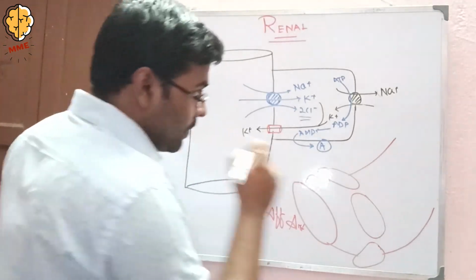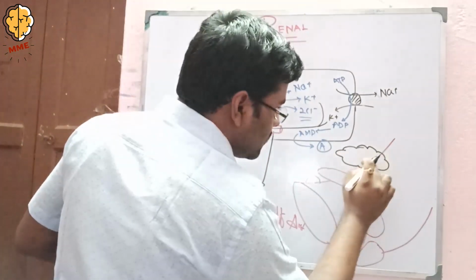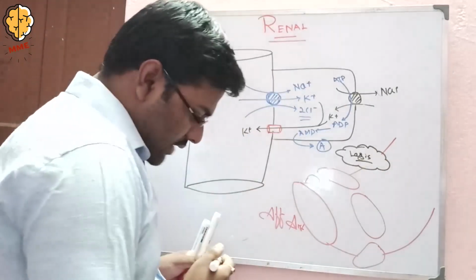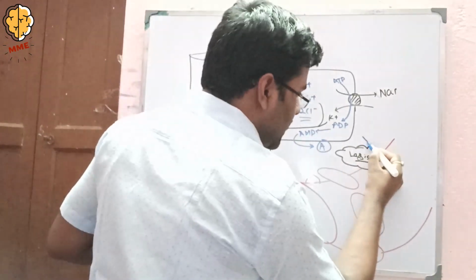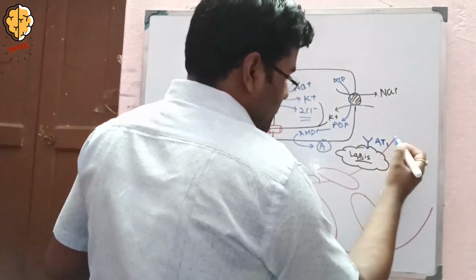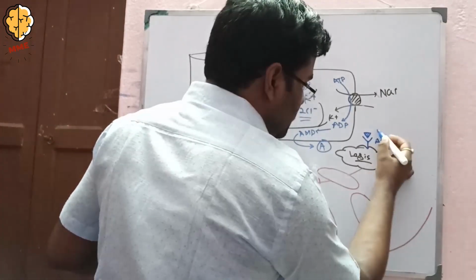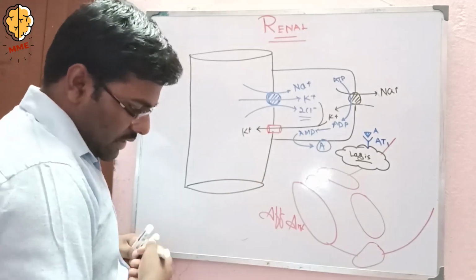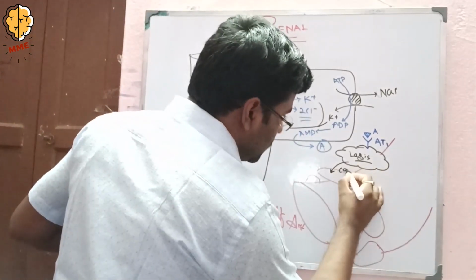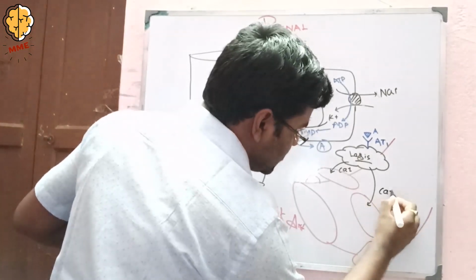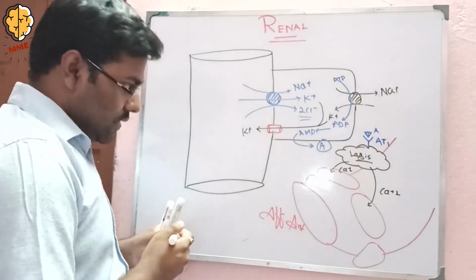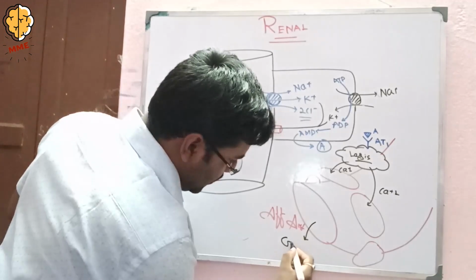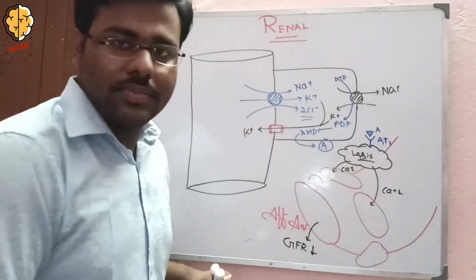And in the Lacis cell, there is a receptor for adenosine, the A1 receptor. Adenosine binds here with the A1 receptor, and from the Lacis cell, calcium gets out and comes to the smooth muscles around the afferent arteriole, and then the smooth muscle constricts and the GFR decreases.